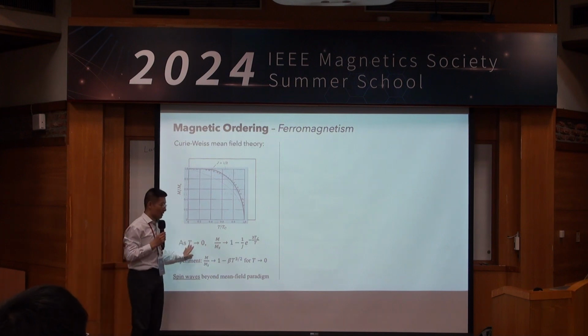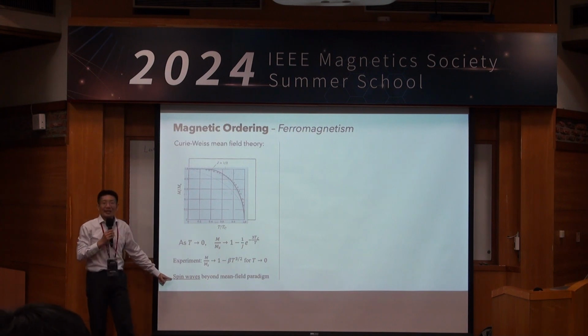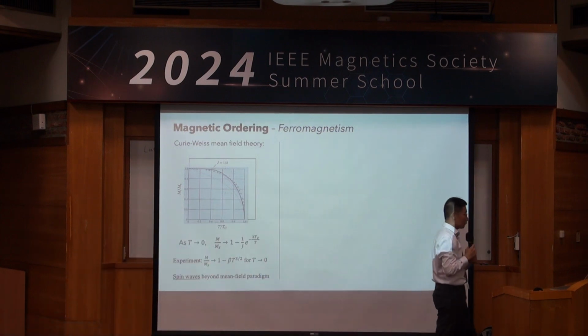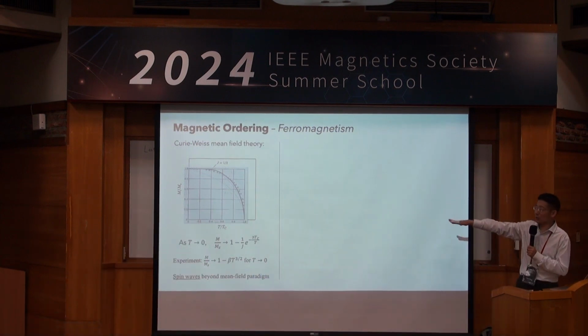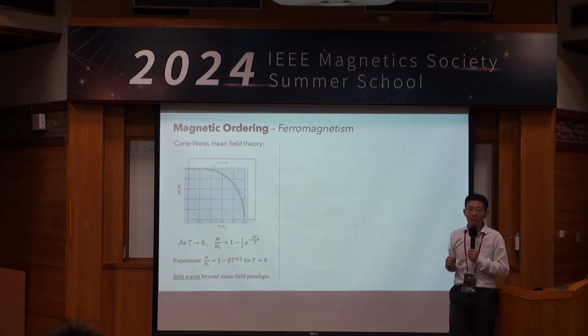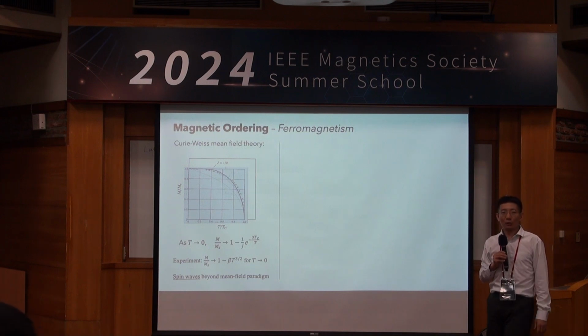The discrepancy is attributed to the negligence of spin fluctuations in the mean field. To properly account for the power law in the low temperature regime, we have to go beyond the mean field model and look into the spin excitations known as magnons, which I won't have time to talk about today.